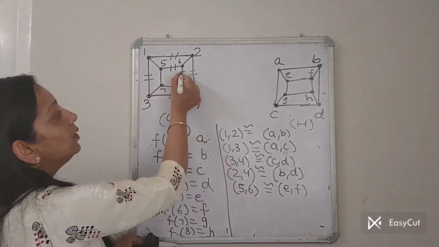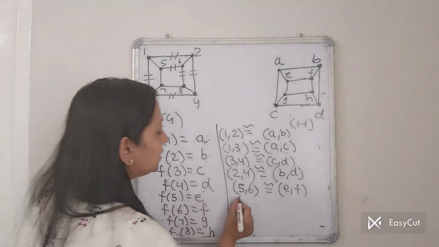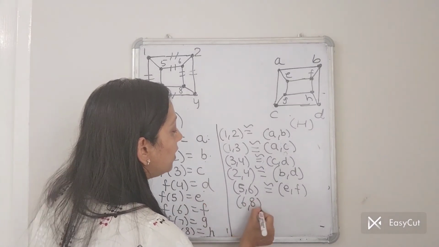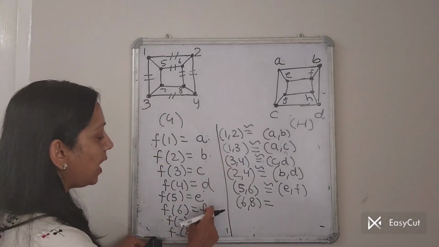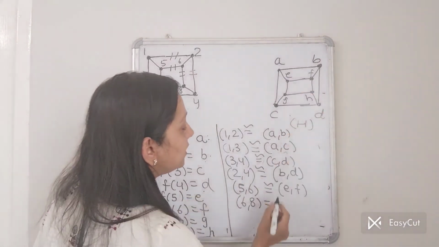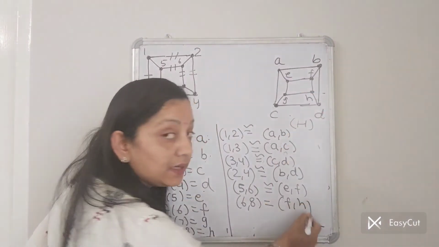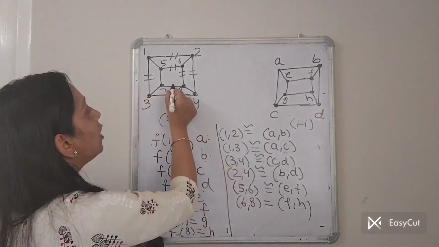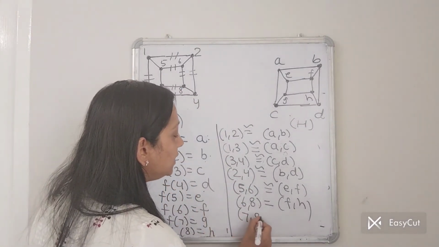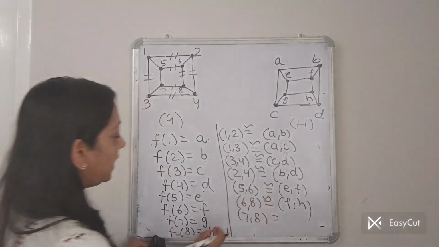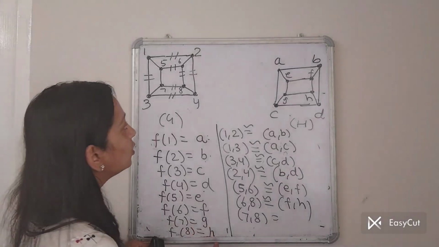Okay, now there is an edge between 6 and 8. So there must be an edge between F and H also. So yes, there is an edge between F and H. Okay, so now there is an edge between 7 and 8. So that means there must be an edge between G and H also.